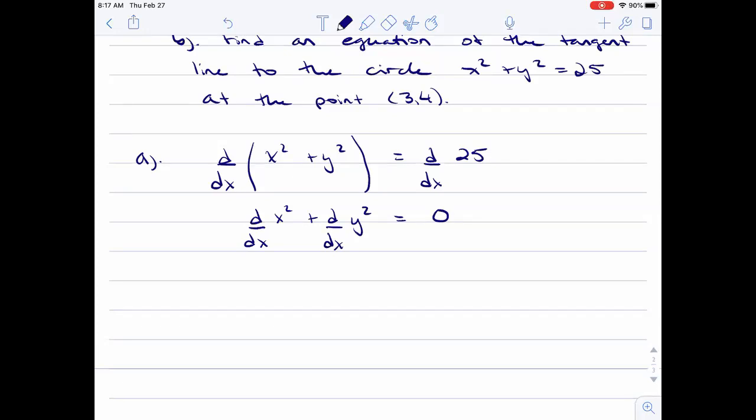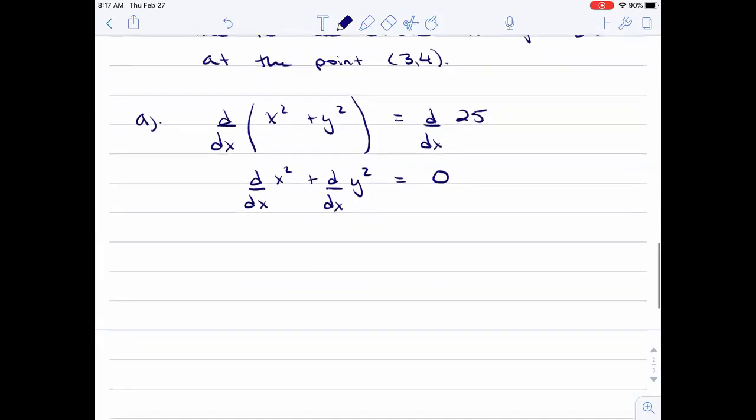The derivative of x squared with respect to x, that's fine. That's just going to be 2x. Right? So that part we can handle. So we'll do 2x plus, and then here, this is the new part. It's the only new thing that we have to deal with.